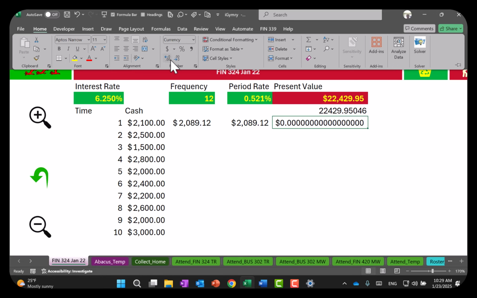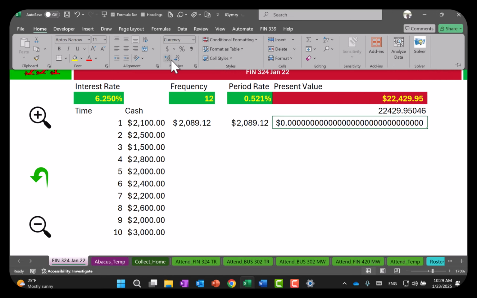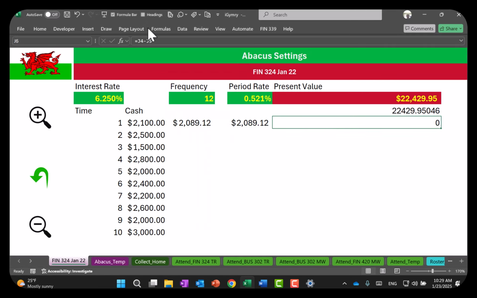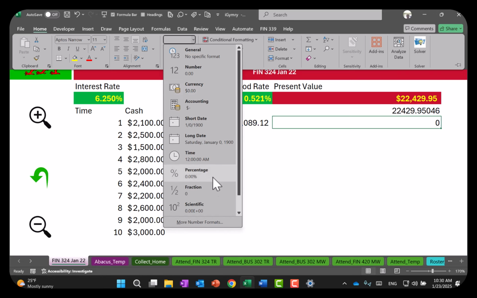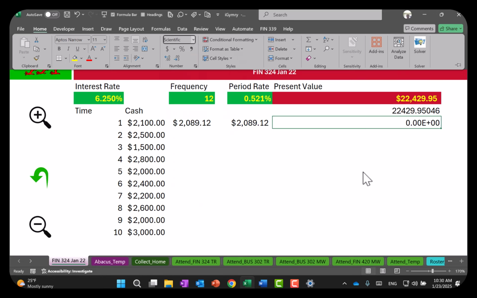Let me see. Actually, apparently it is the same. Yeah. Let's do scientific. Yeah. It's exactly the same.